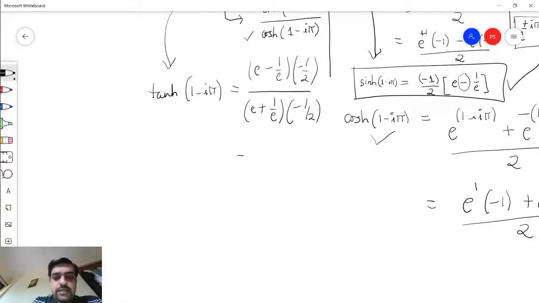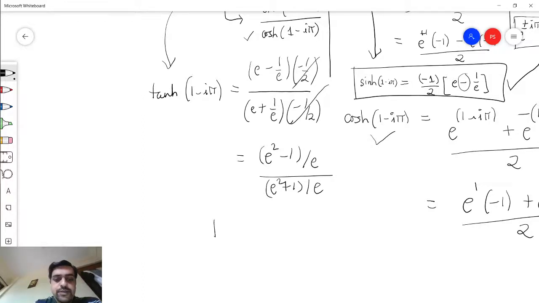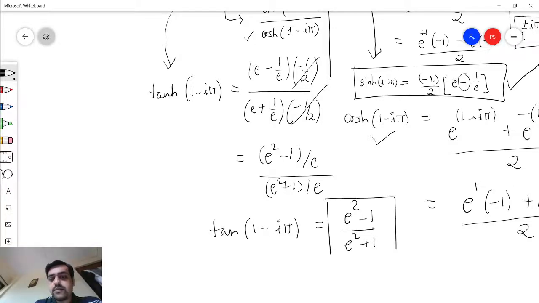So this is just e squared minus 1 upon e divided by e squared plus 1 upon e, since these terms get cancelled. So tan hyperbolic of 1 minus i pi is going to be e squared minus 1 upon e squared plus 1. So this is how it is to be done.